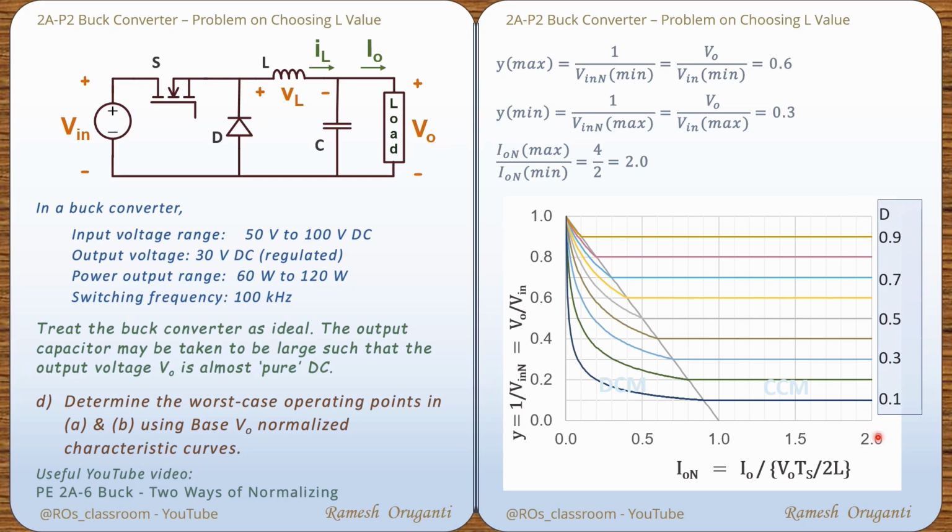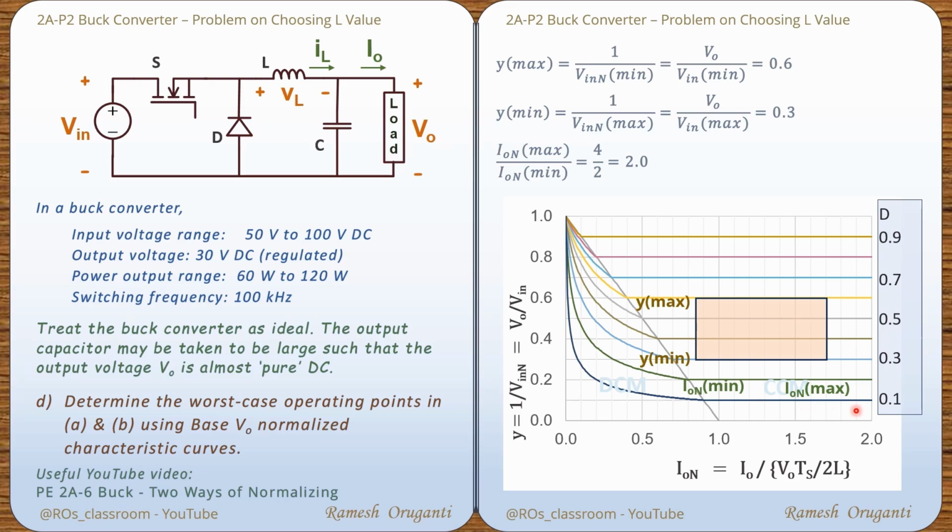We can mark the Y range and the ION range on these curves. Let's do that. This is Y minimum 0.3, this is Y maximum 0.6. As the voltage is varied from maximum to minimum, along the y-axis, Y will vary from Y minimum to Y maximum. Likewise, along the x-axis, it shows ION minimum and ION maximum.